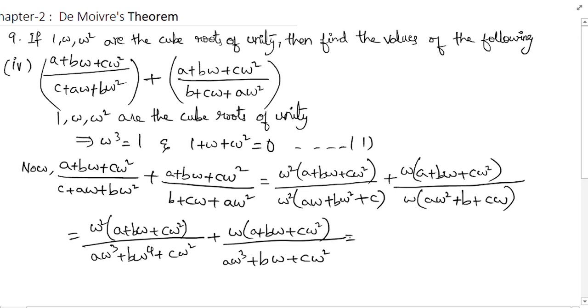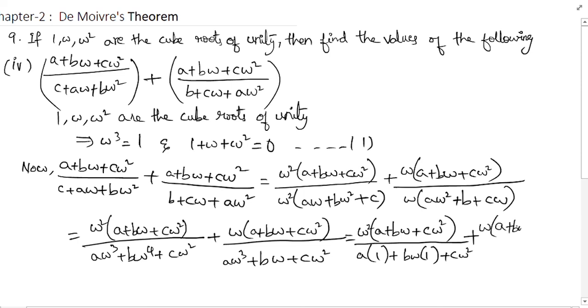This will be again equal to omega square into (a plus b omega plus c omega square) divided by (a into 1 plus b omega into 1 plus c omega square), plus omega into (a plus b omega plus c omega square) divided by (a into 1 plus b omega plus c omega square).